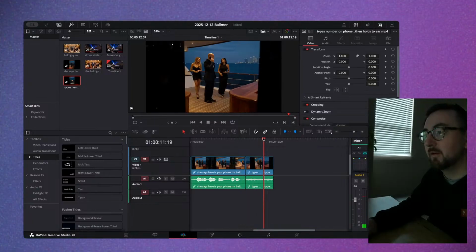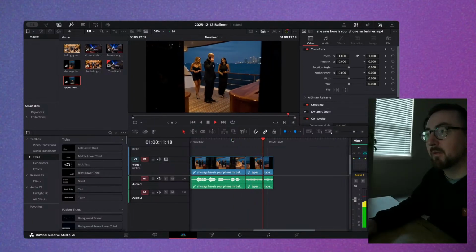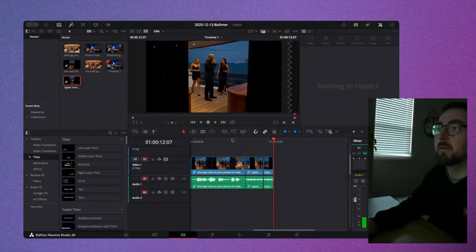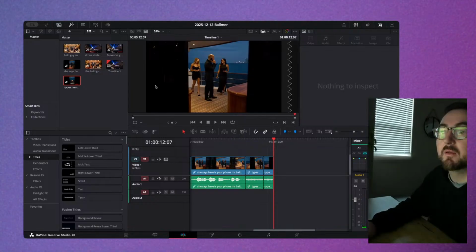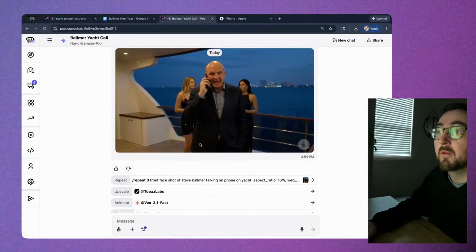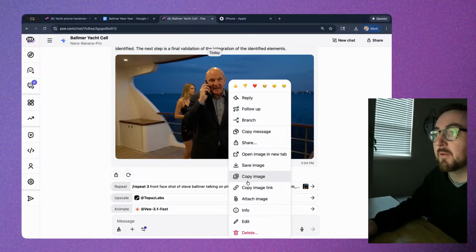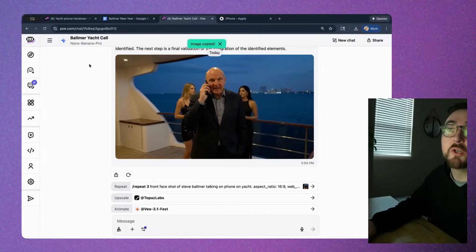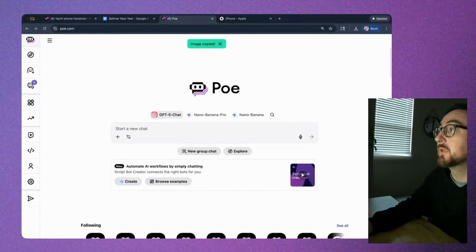Ballmer. No one is going to notice that. Okay, now I got a great shot. I like this one a lot.